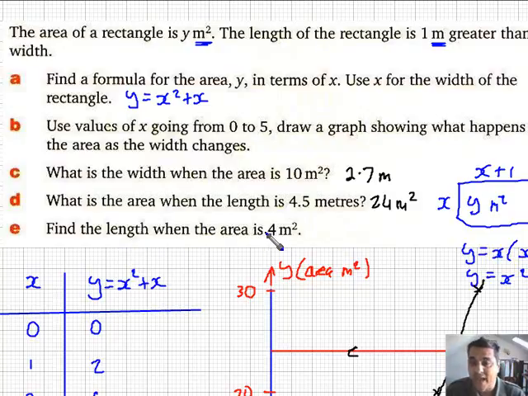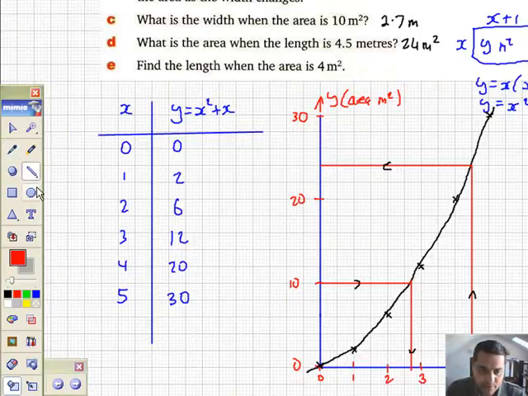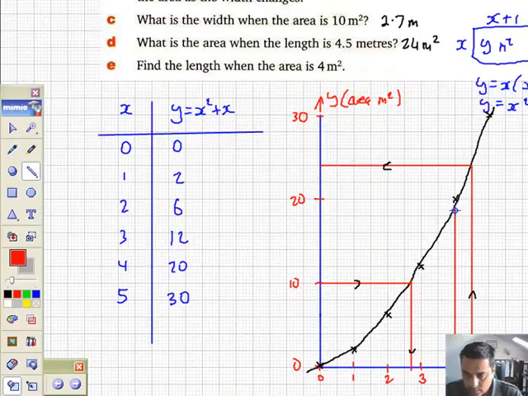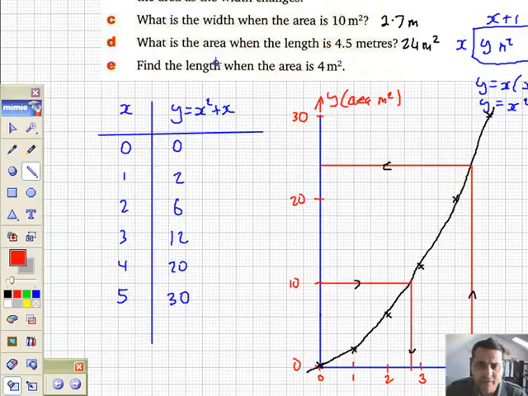Find the length when the area is 4 meters squared. Right. The length this time. In other words, work out the x, then add 1 onto it. Okay? So let's just go back to this. No, sorry, I've misread the question. Find the length when the area is only 4 meters squared.